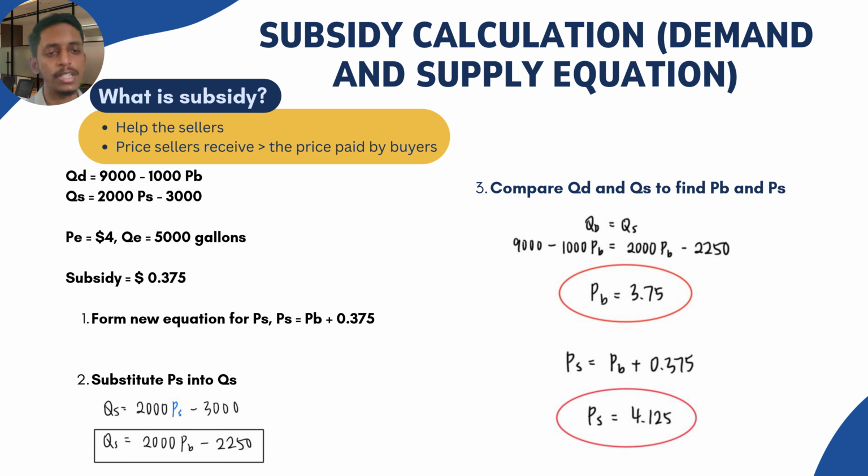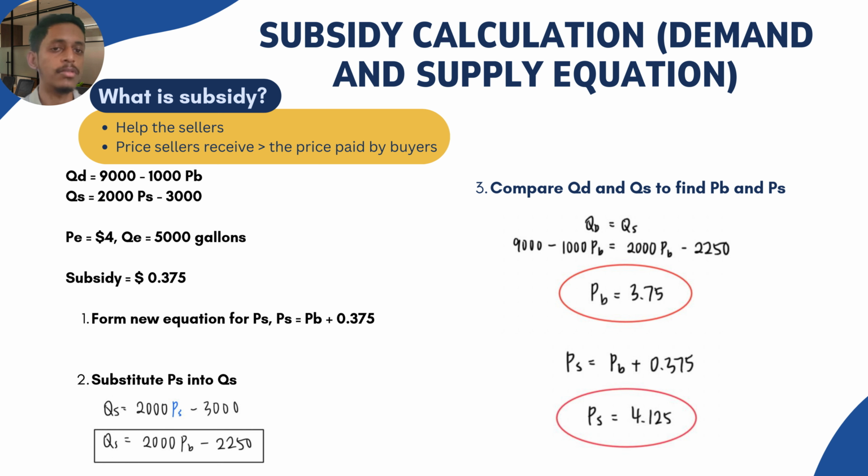QS equals 2000 times the bracket PB plus 0.375, minus 3000. When we expand 2000 times 0.375, it gives us 750. So quantity supply equals 2000 PB plus 750 minus 3000.